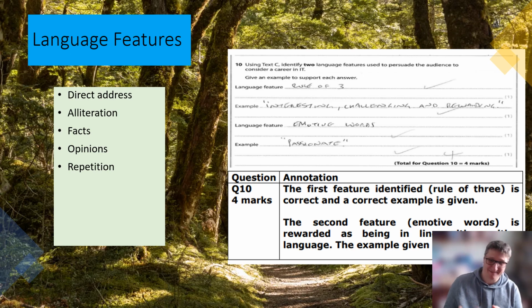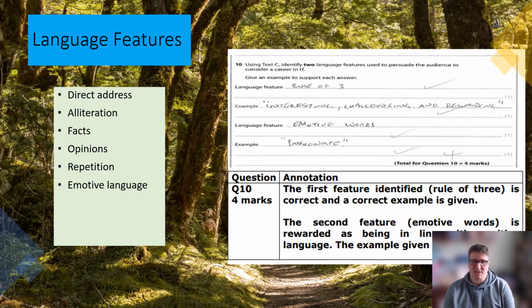See what I did there? Repetition is where you repeat the same word. It's repetitive, but repetition is a very useful feature of DA Forest. It's very, very useful. See where I'm going with this?